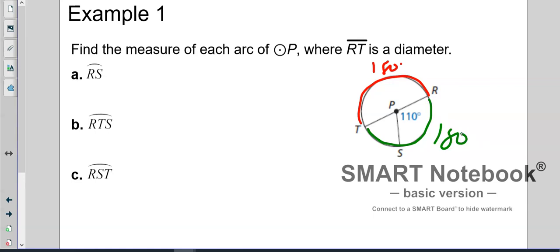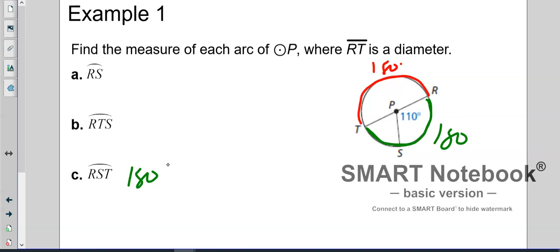So if we look at it, RST, as you go through, here's R, you pass S, you have T, that's 180 degrees right there. Okay, so let's get that. That one's the easy one out of the way.